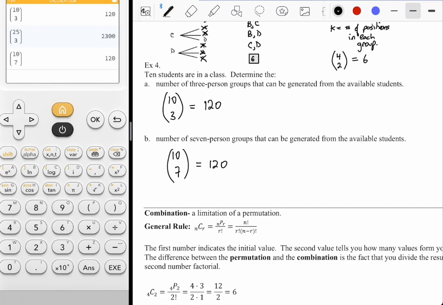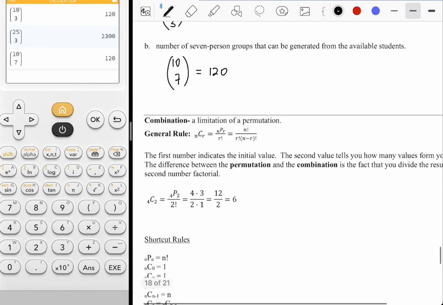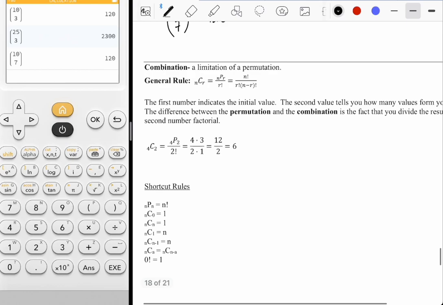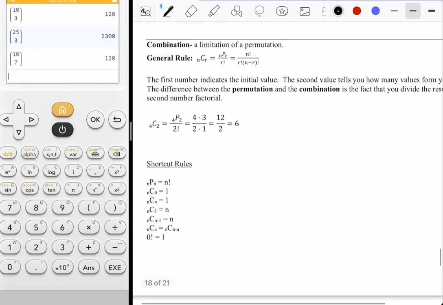So in the form of combinatorics, find the number of ways to come up with a combination of the things that you don't want, and that will equate to the number of combinations of things that you do want. All right? So this is just really a generalization of what I was saying, so you don't really need too much of that. We have some shortcut rules. These are completely optional, but they are pretty nifty if you recognize a shortcut rule.